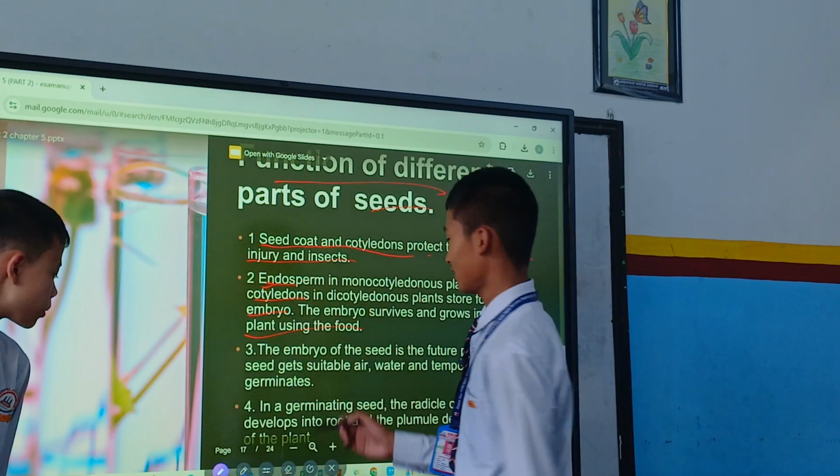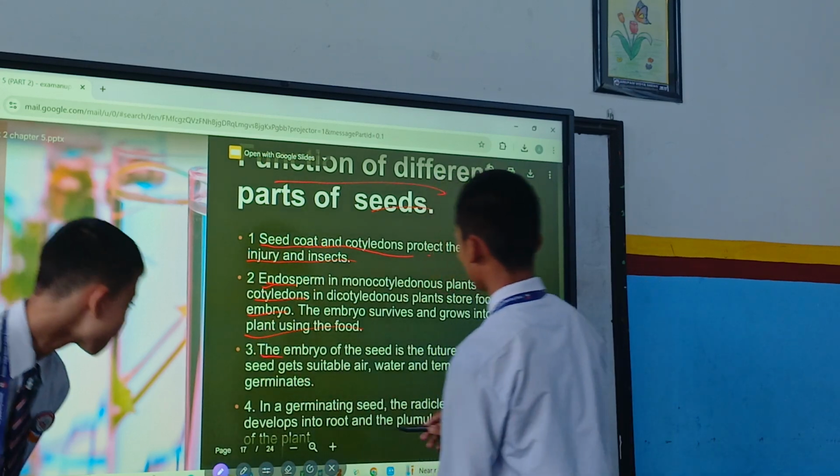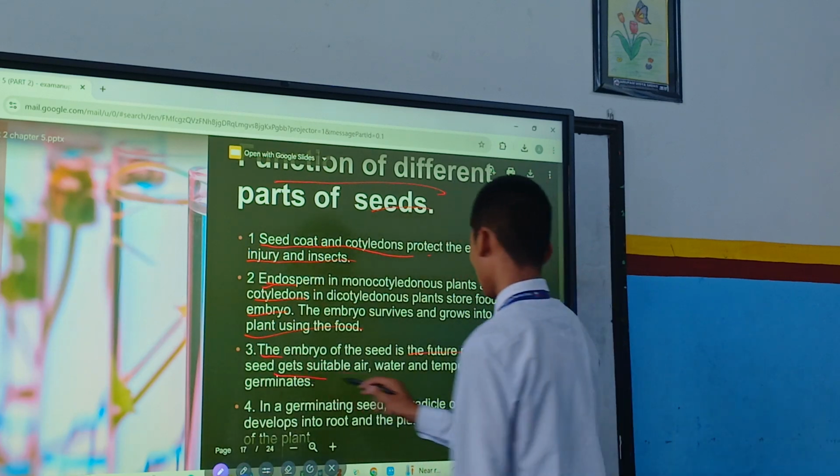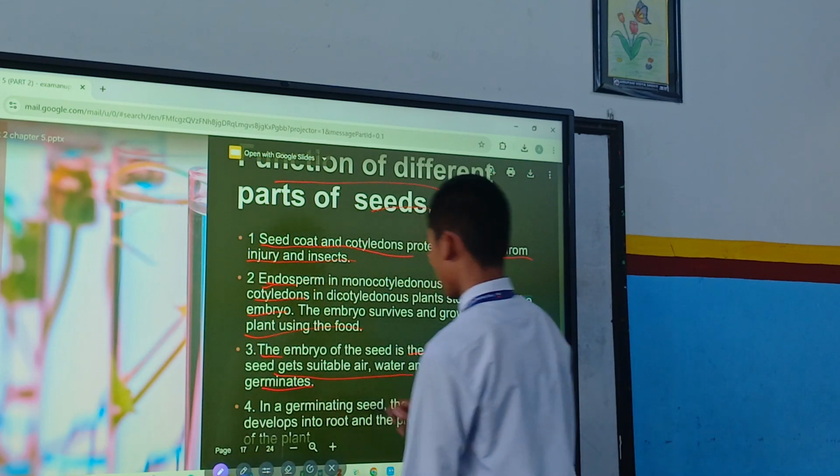The third point is about the embryo of the seed is the future plant. When the seed gets suitable air, water, and temperature, it germinates.